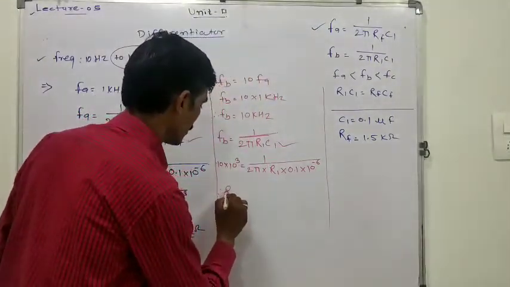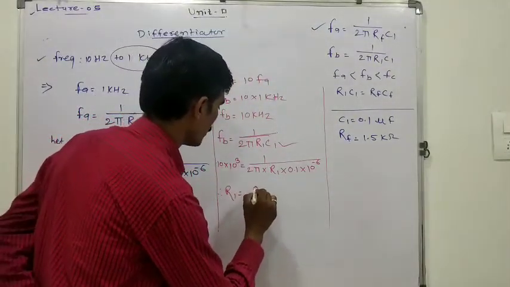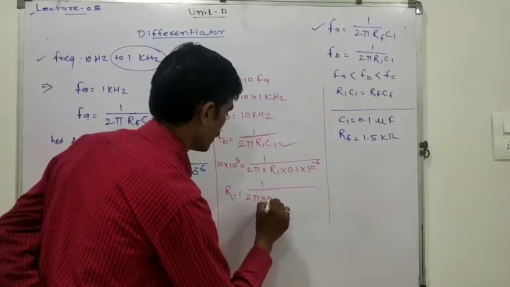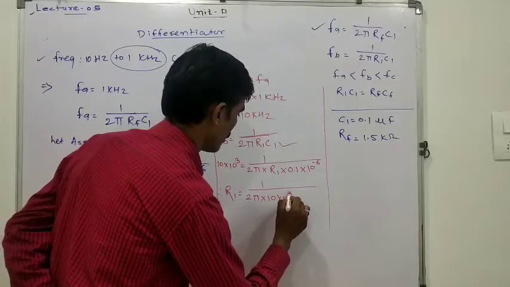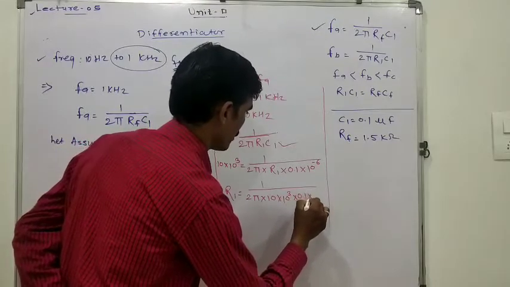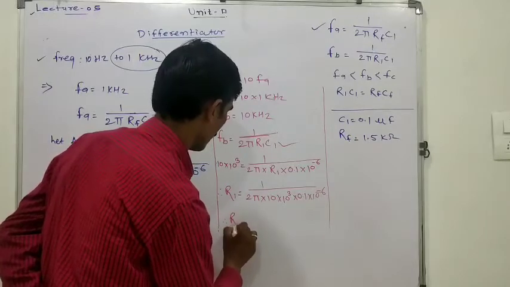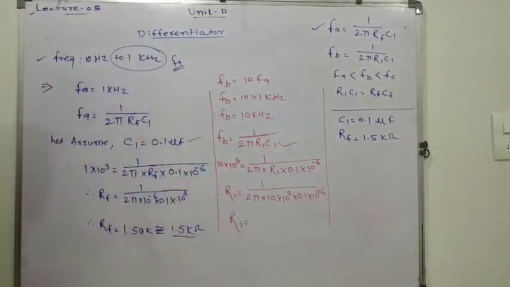Therefore, R1 is equal to 1 upon 2 pi into 10 into 10 raised to power 3 into 0.1 into 10 raised to power minus 6.